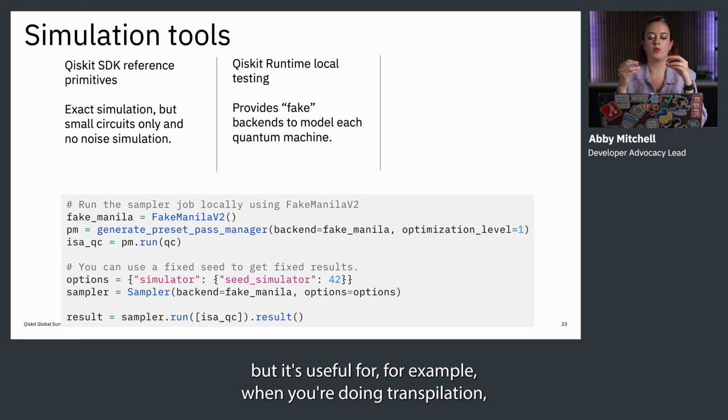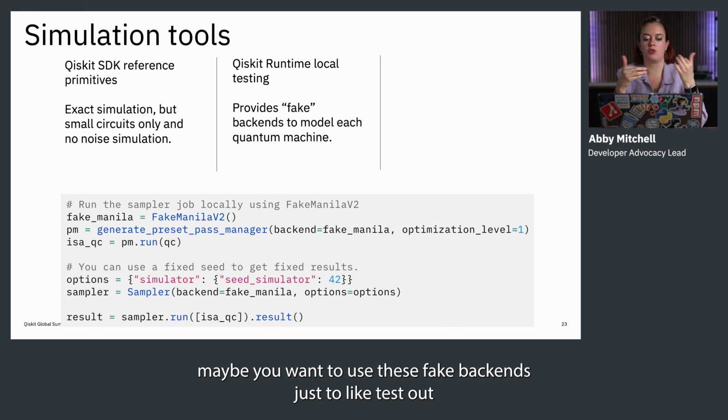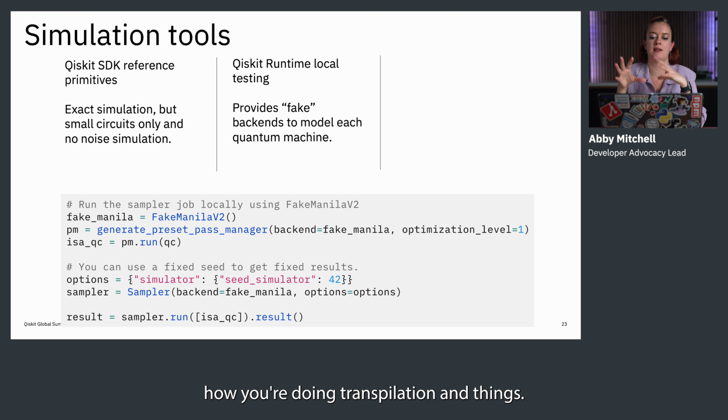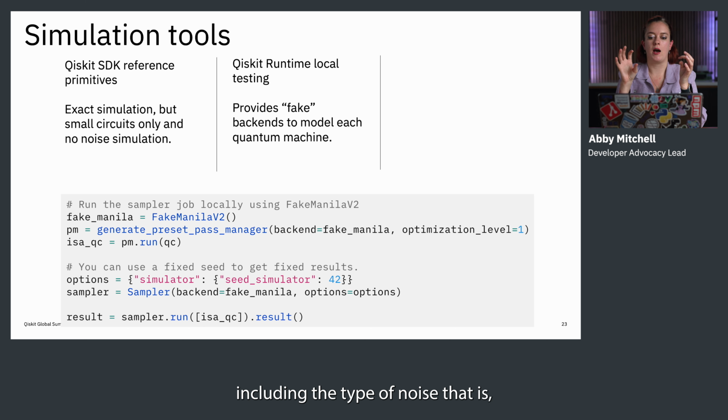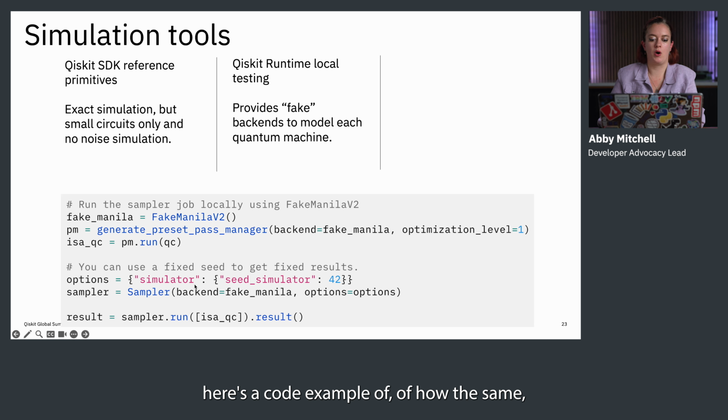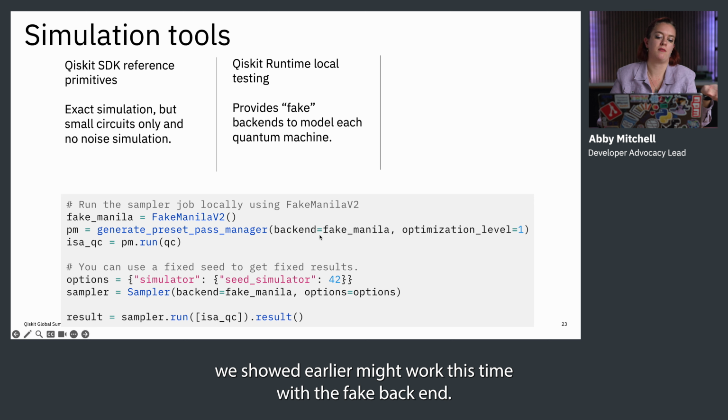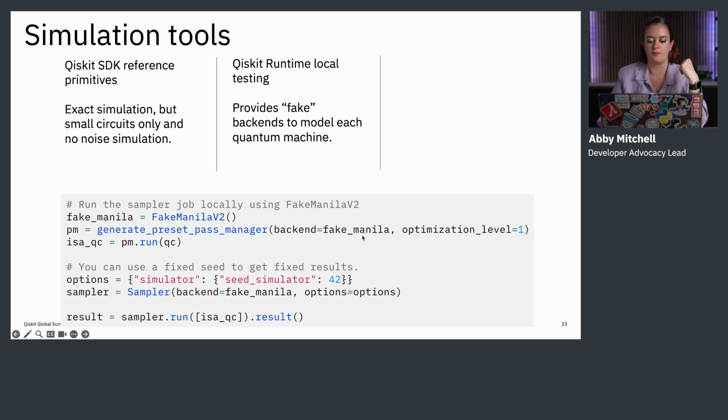But it's useful, for example, when you're doing transpilation, maybe you want to use those fake backends just to test out how you're doing transpilation. And sometimes it's useful to be able to mimic a specific backend, including the type of noise that is present in that device. And here's a code example of how the same kind of transpilation process we showed earlier might work, this time with the fake backend instead.